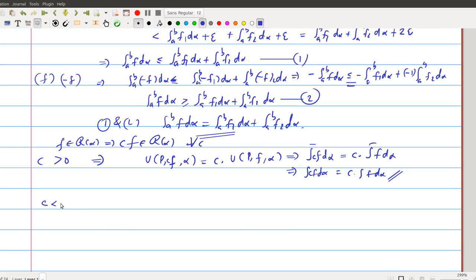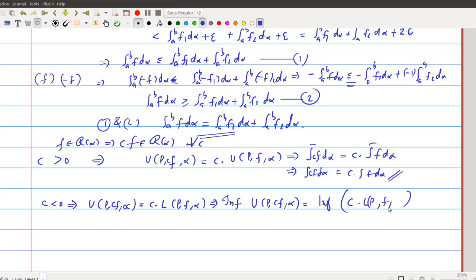If c is less than 0, what happens? If c is less than 0, we have U(P, cf, alpha) is the same as c times L(P, f, alpha). This is in the case of a negative number. Now take the infimum on both sides. So the infimum of U(P, cf, alpha) is the same as the infimum of c times L(P, f, alpha).